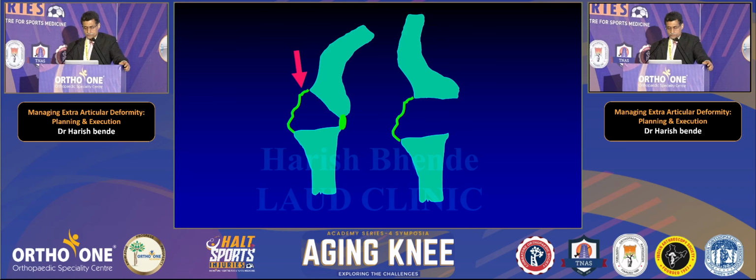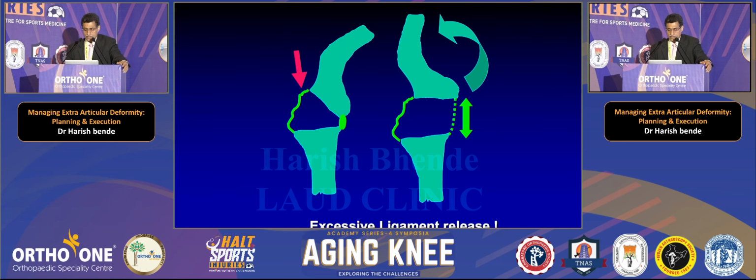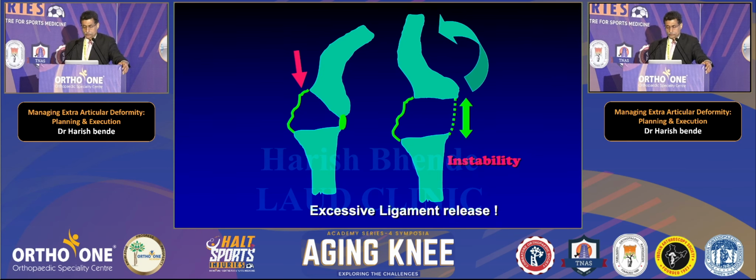On the other hand, suppose the extra cut still happens within your collateral ligament, then to balance you have to release the opposite side. Now, because you have created a huge unequal gap, the amount of release you have to do will again be significantly large, and in the bargain you may over release and make the medial side unstable. This instability can be caused by excessive ligament release required because you have abnormal cuts.